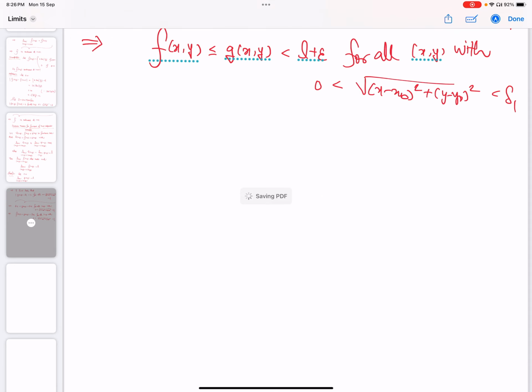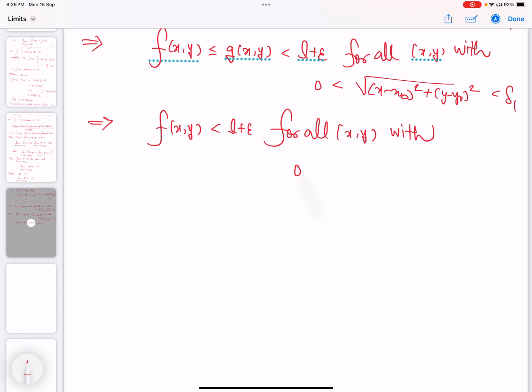So that means f(x,y) is less than L plus epsilon for all (x,y) with the distance from (x naught, y naught) less than delta. Let's call this equation number 1.